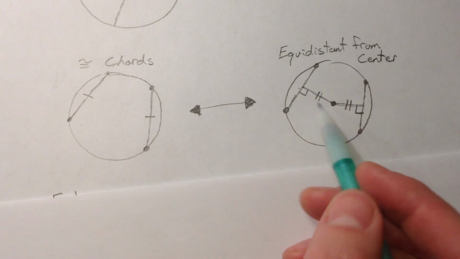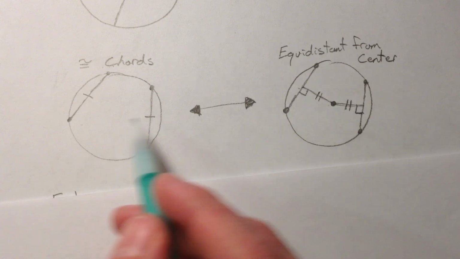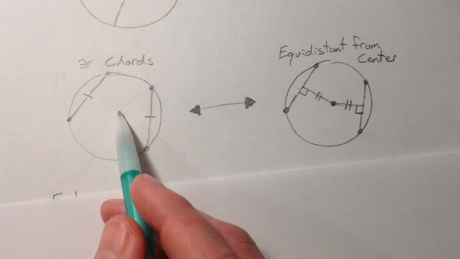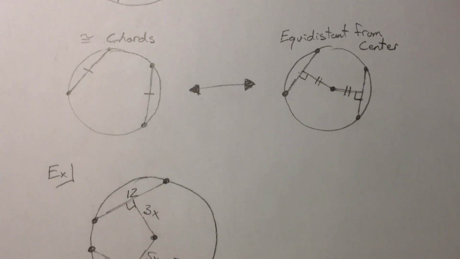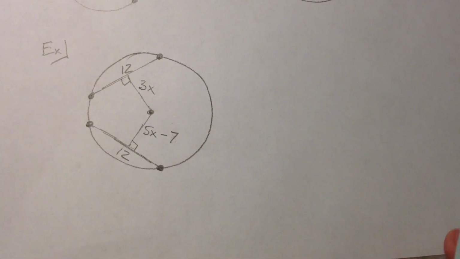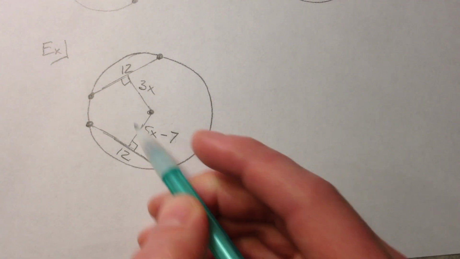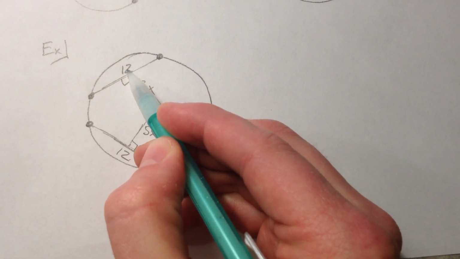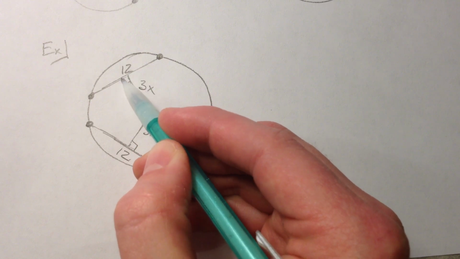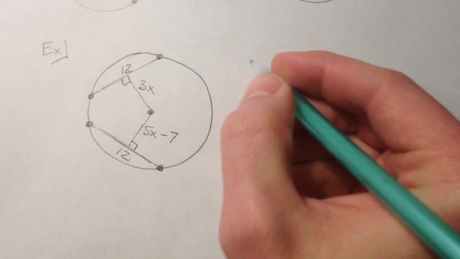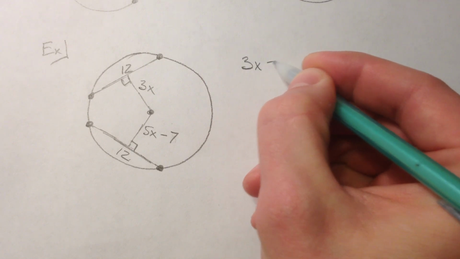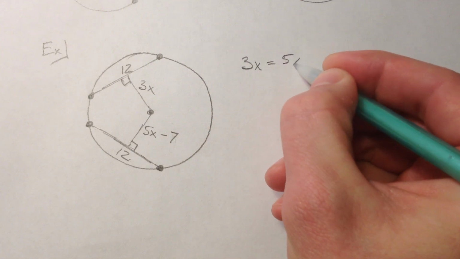If I know that chords are equidistant from the center, then I know the chords are congruent. And so using some numbers here in an example problem, since this is 12 and this is 12, and I've got these distances marked perpendicular, I know these are distances. So I could say, hey, they're equidistant. So 3x must be equal to 5x minus 7.